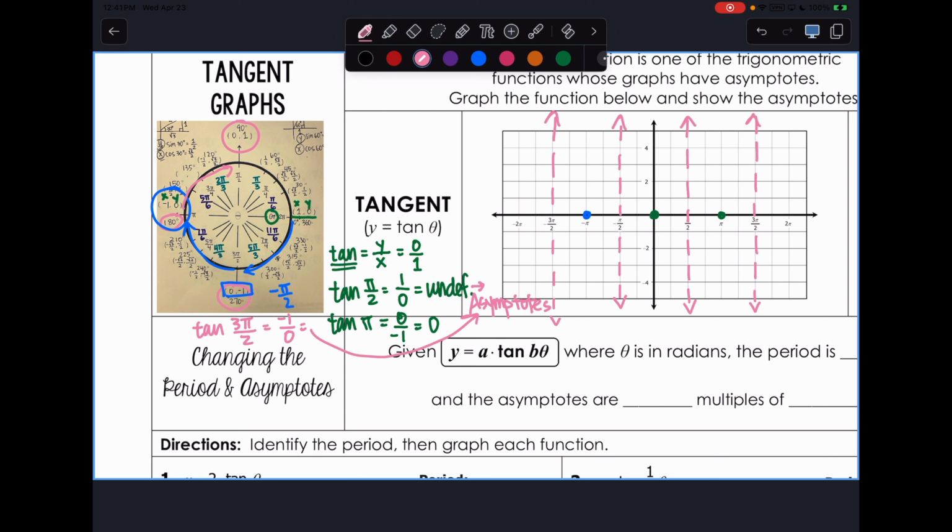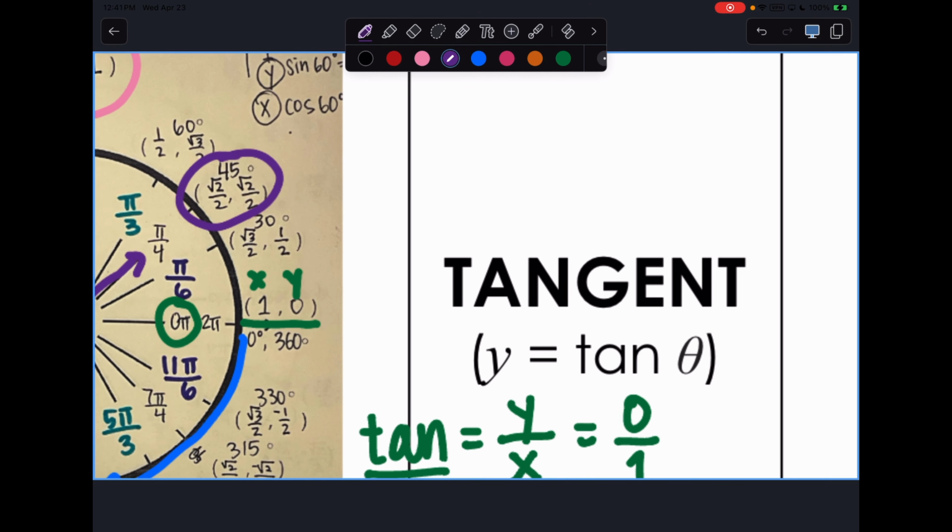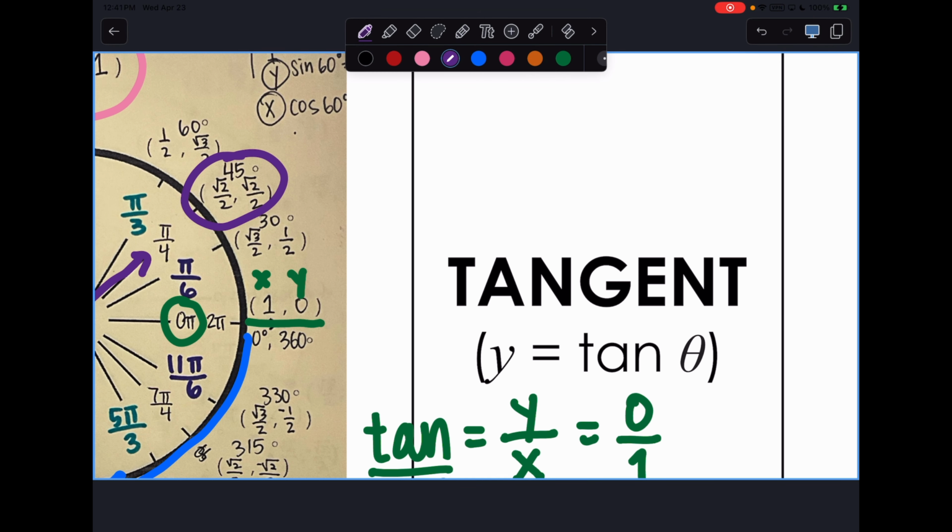What is halfway between 0 and half pi? Quarter pi. Quarter pi is this one, right? So it's that. Okay? Don't overthink it. I need you to simplify the whole thing that I'm saying, okay? This is y over x. They're identical.